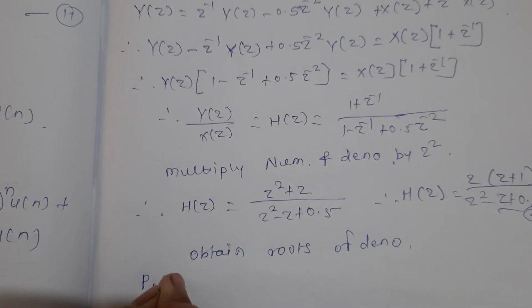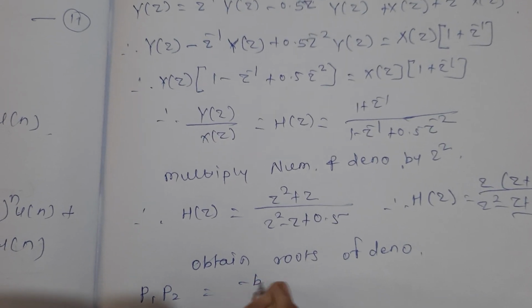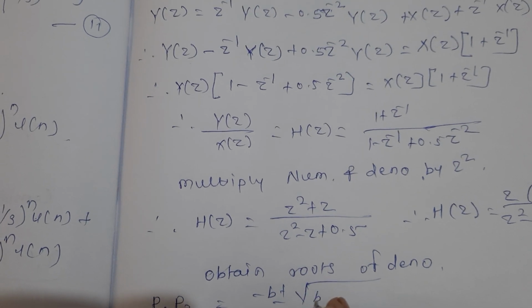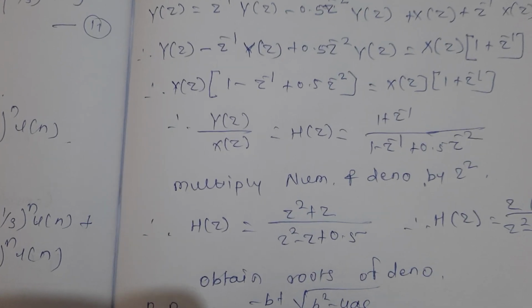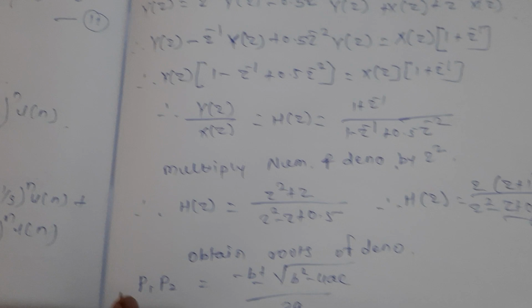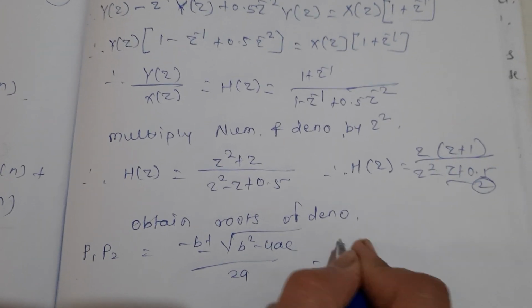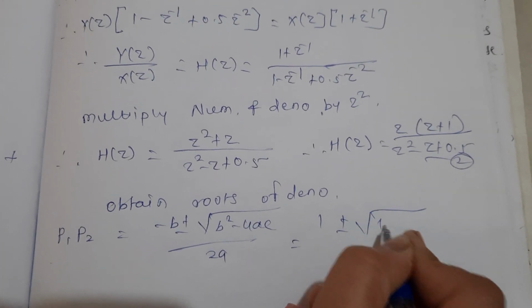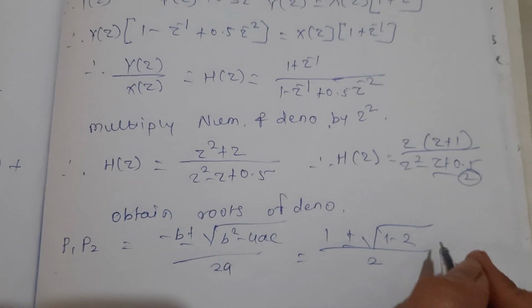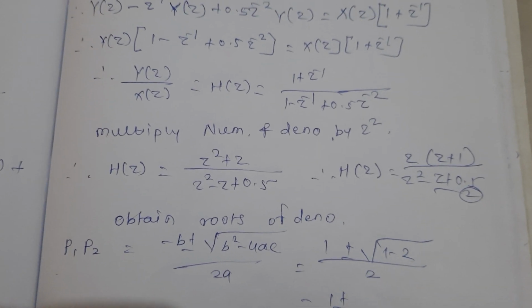So roots are p1, p2 equal to 1 plus minus root of 1 minus 2, divided by 2, so it is 1 plus minus j 1, divided by 2.